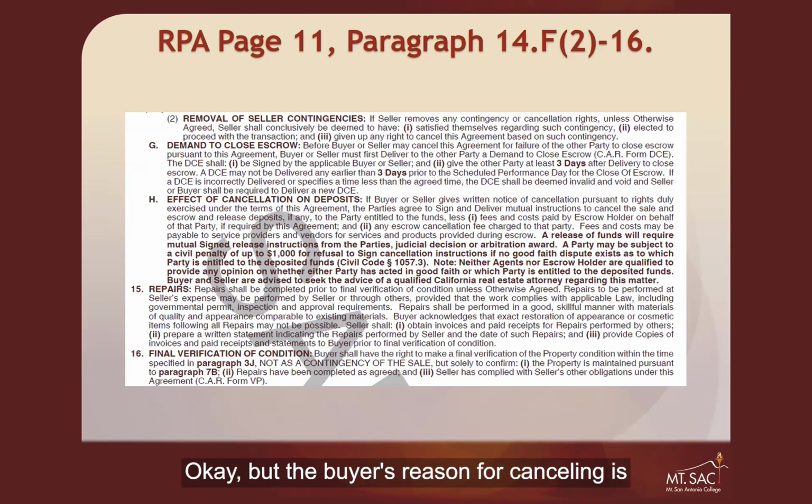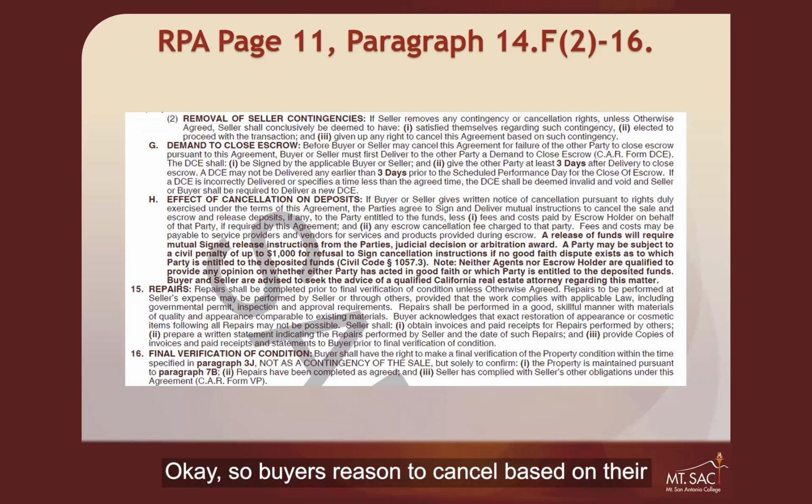But if the buyer's reason for canceling is because they're also in escrow on another house, they only intend to buy one house, and that other house is the house they want to buy, that's not a good reason. That would be viewed as bad faith.